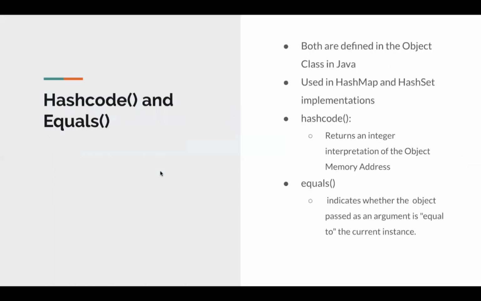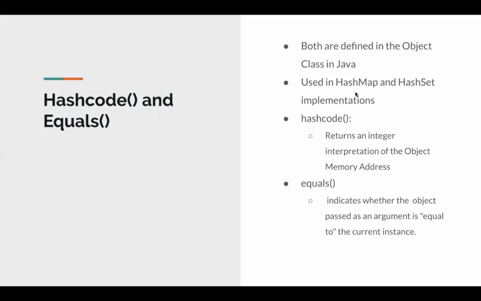We discussed earlier that we have an Object class in Java. The Object class has the functions hashCode and equals, which are overridden in various methods. So let's discuss what these are. Both are defined in the Object class in Java.